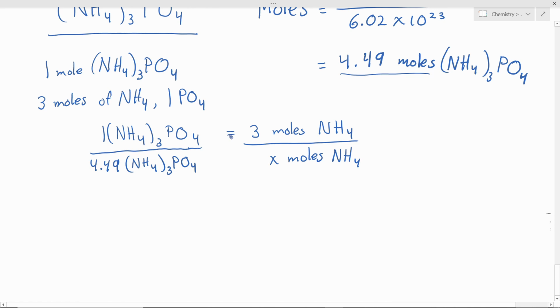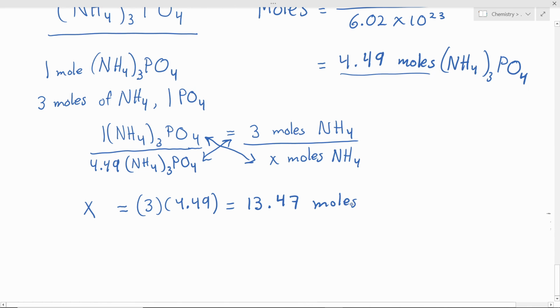And so cross multiplying would mean that we multiply x times 1 and 3 times 4.49. So in the end we have x times 1, which is just x, and that would be equal to 3 times 4.49, which is 13.47.